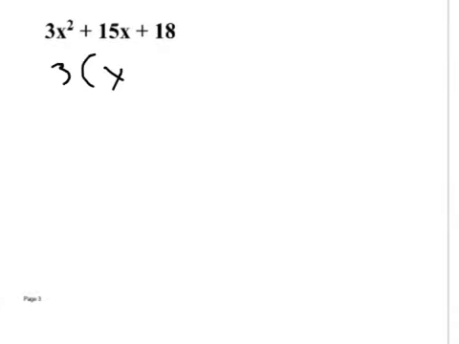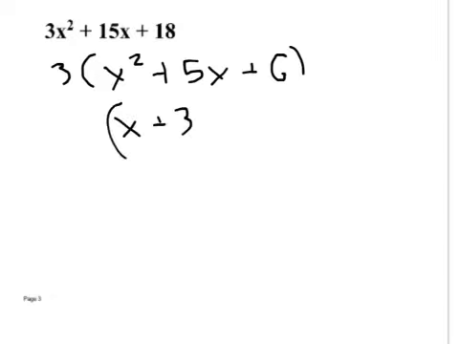We're left with x squared plus 5x plus 6. Now that I factored 3 out, we have x squared plus 5x plus 6. Don't we know how to do that? What multiplies to give you 6 and adds to give you 5? 3 and 2.